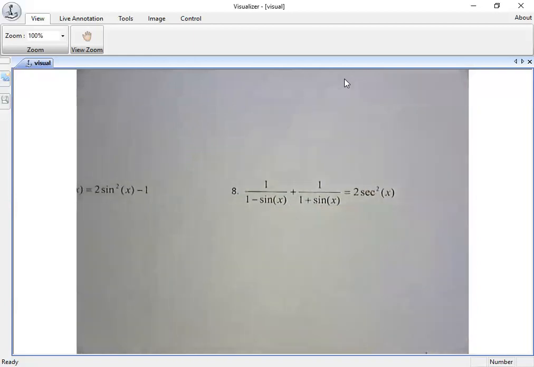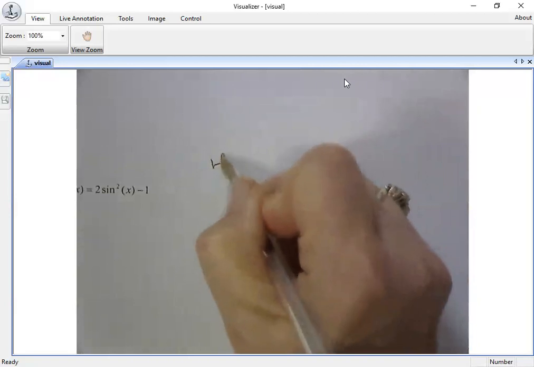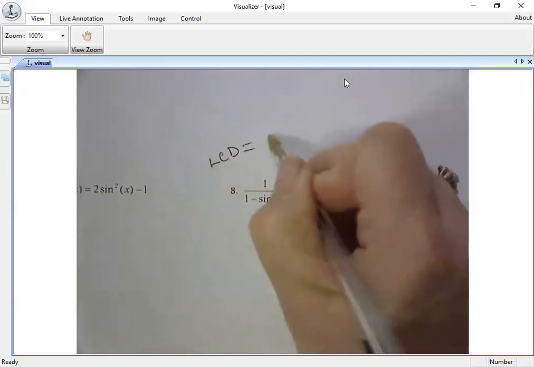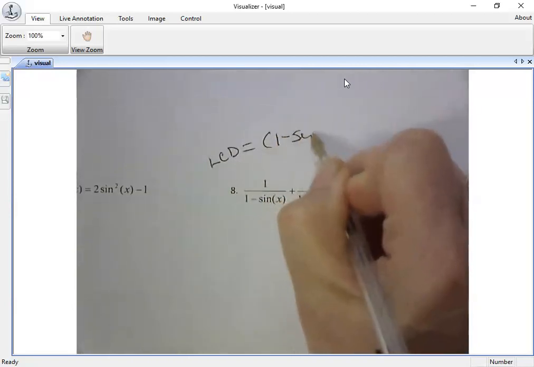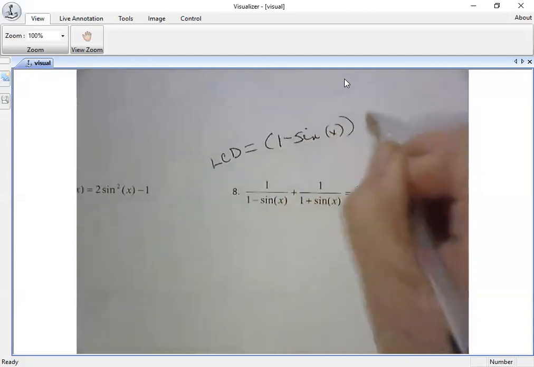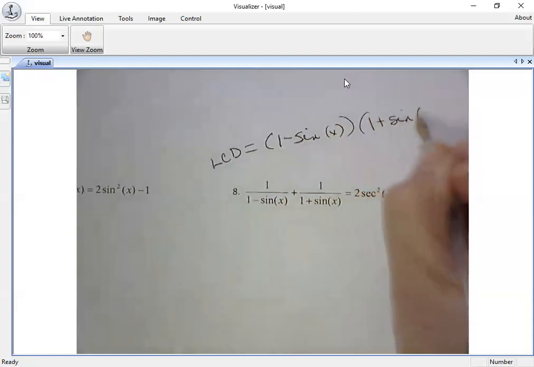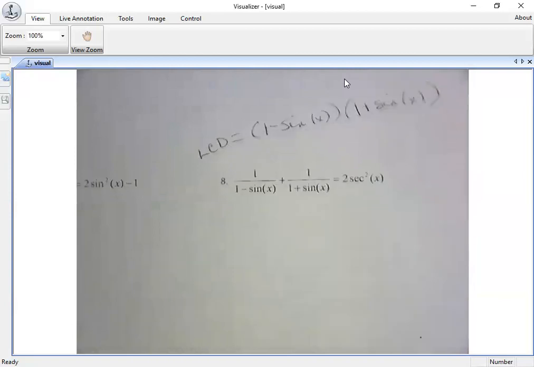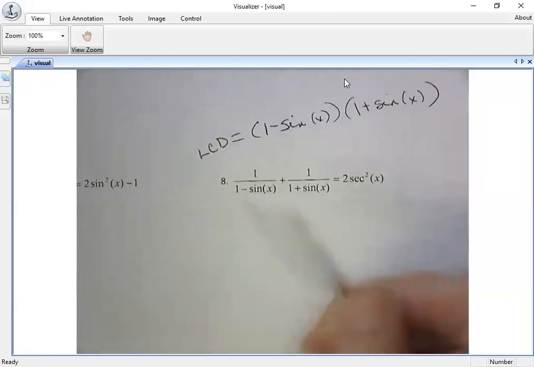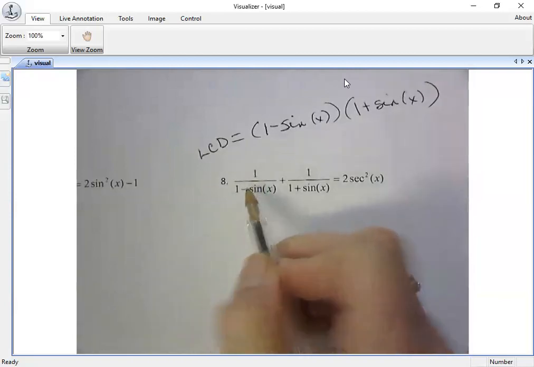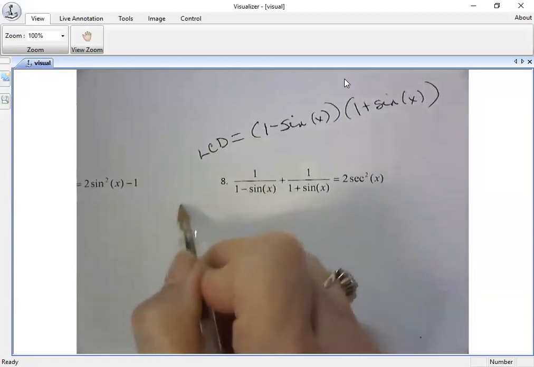So what ends up being your LCD? You have to do what? Multiply them both together. So my LCD is going to have to be 1 minus sine x times 1 plus sine of angle x. Okay? And that would mean that this first fraction has to get multiplied by what?